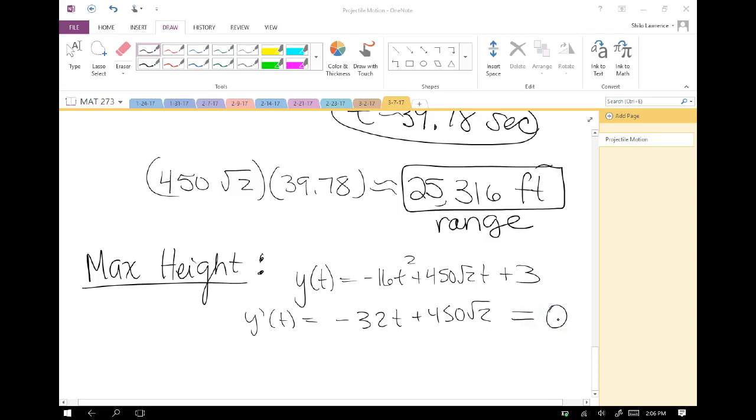We want to know when that's going to be 0, because that's going to be the vertex of our parabola, the turning point where it changes from increasing to decreasing.